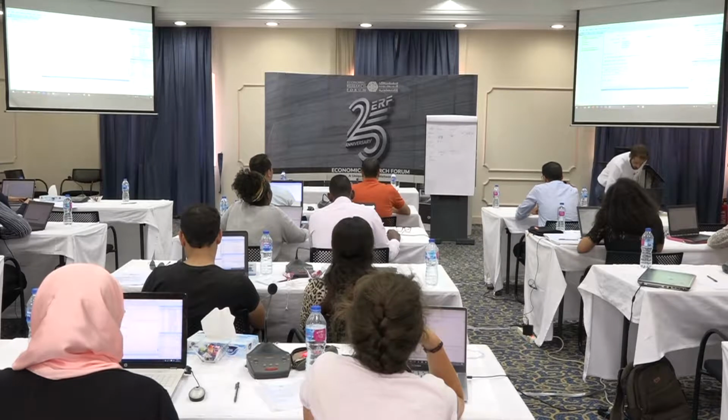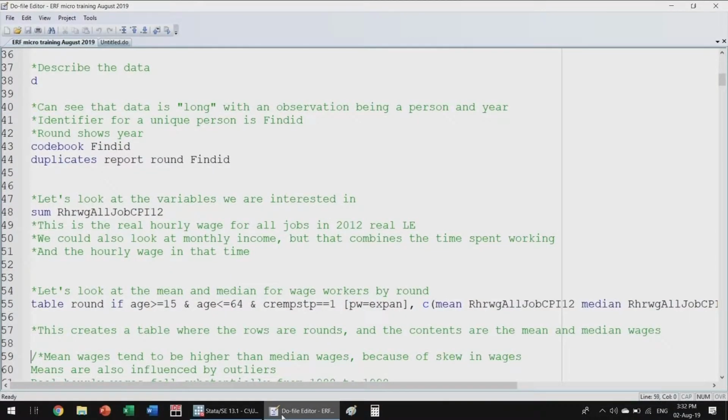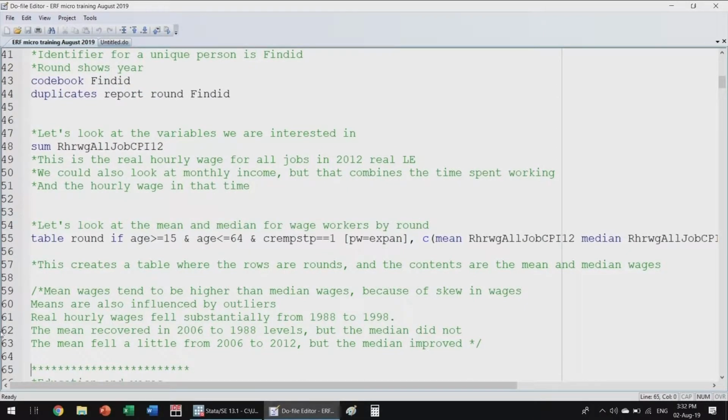Okay. So after this, let's look at the variable itself, which is the real hourly wage for all jobs in real Egyptian pounds. That's a very important point, because whenever you work with different surveys at different points in time, you must double check that all your variables are real variables. So if you have wages, you have to deflate them by the consumer price index, for instance, or the GDP deflator.